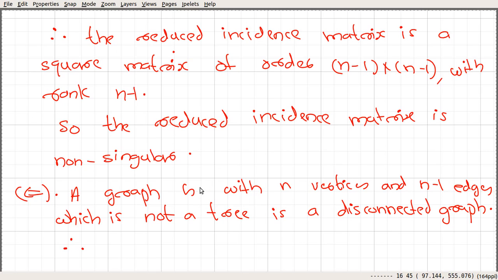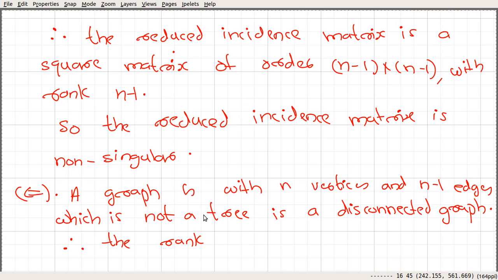So if you look at the rank of the incident matrix of this graph G, it's a disconnected graph, and since the graph is disconnected, the rank of the incident matrix will be strictly less than n minus 1. In the previous video, as a corollary, we proved that if the graph is disconnected and has k connected components, then the rank of that matrix will be n minus k, where n is the number of vertices in the graph, right?